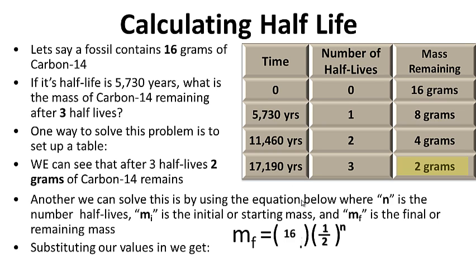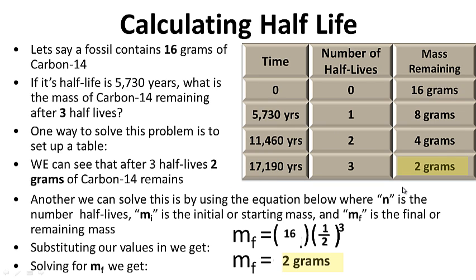What's the half-life? How many half-lives have gone by? 3. After that, just solve for m subscript f. We get 2 grams, the same answer we had in our table.